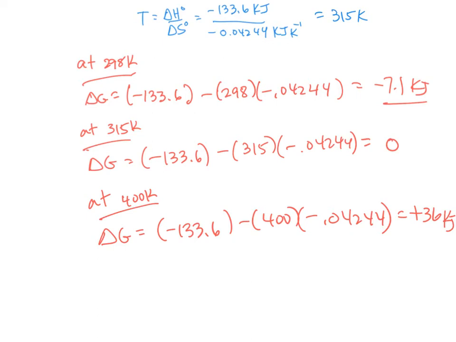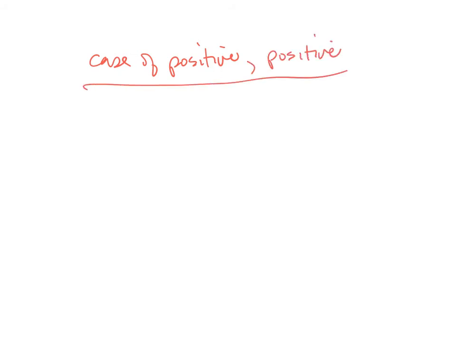And I've got another example that's very similar, and I thought we'd go through that too at the higher temperature. This one is the case of positive, positive. And we can go through it quickly. More detailed problem here.